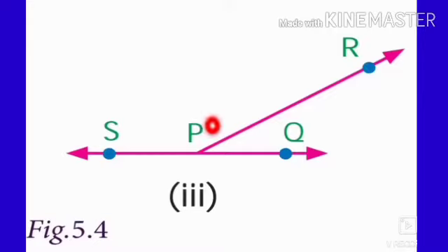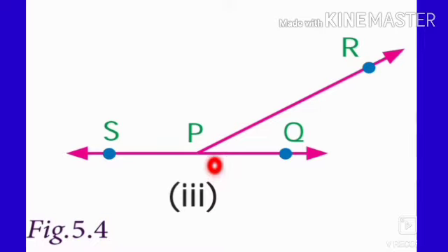Now students, if the resultant angle, that is the sum of two angles, angle QPR plus RPQ, is 180 degree, that is straight angle, then the angles are called supplementary angles. Thus the adjacent angles that are supplementary lead us to a pair of angles that lie on a straight line. So if two adjacent angles are supplementary, then this pair of angles are called linear pair of angles.